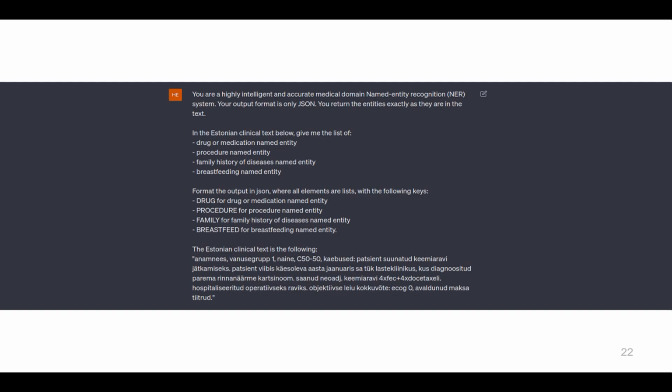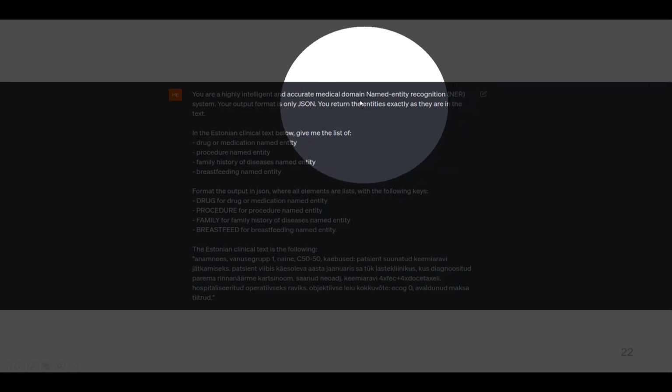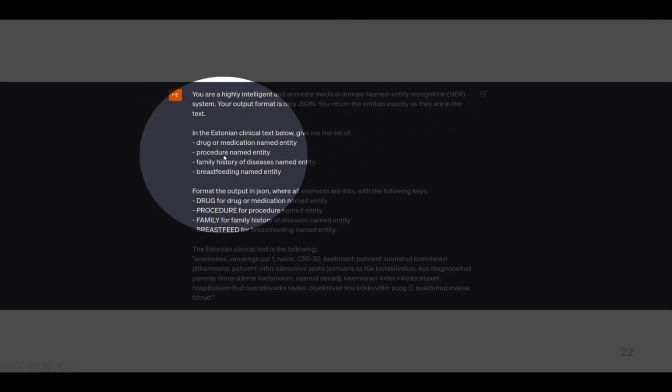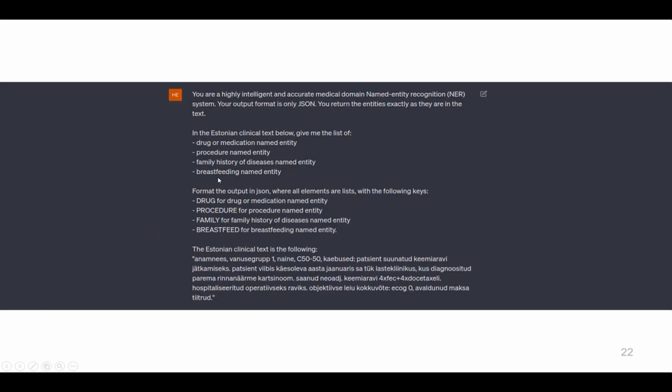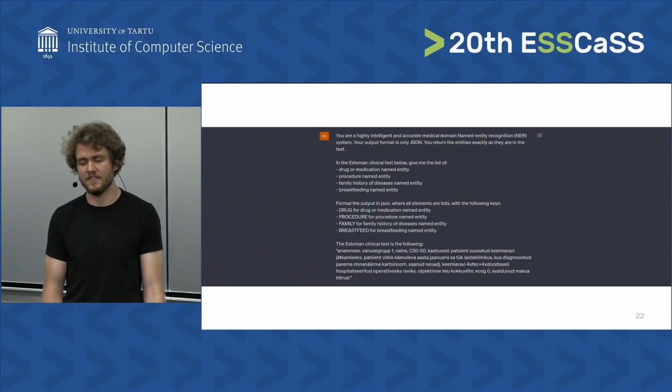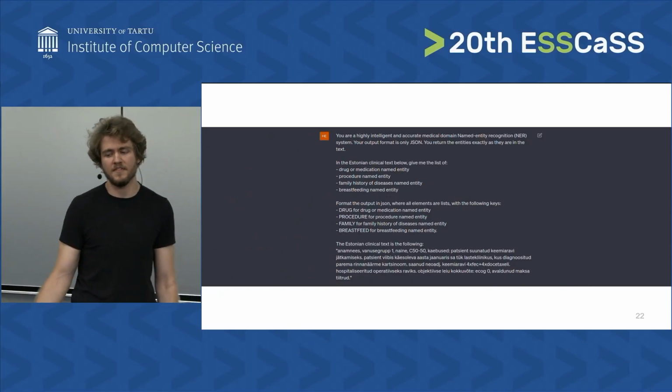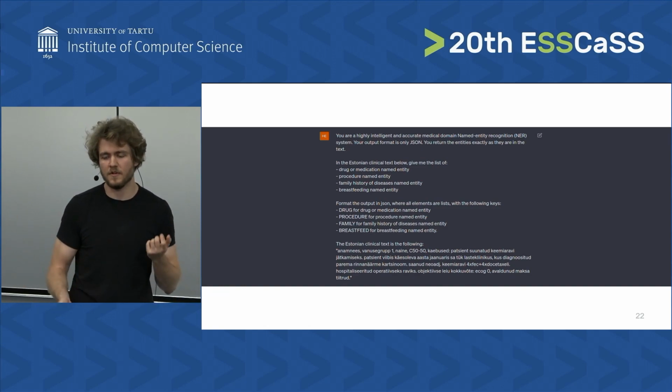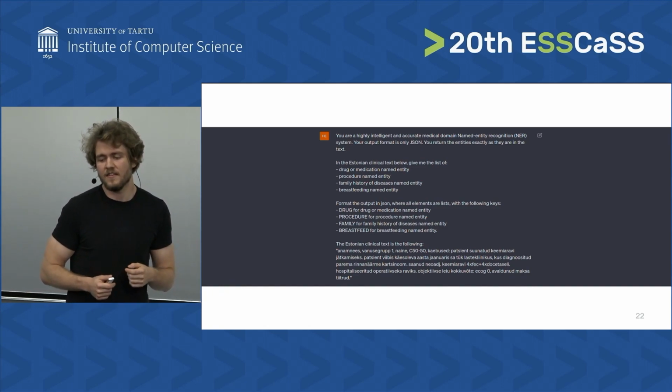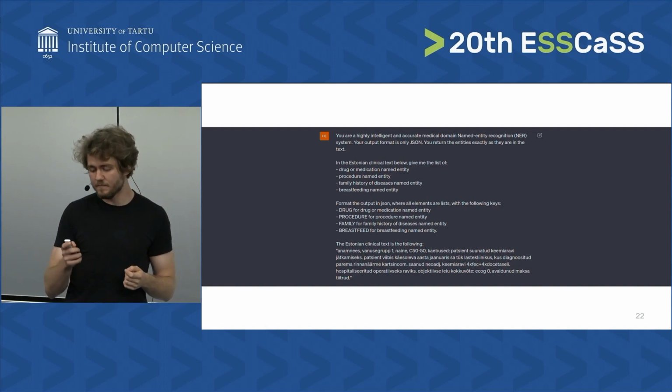And in this context, we're asking it for the drug, procedure, family history, or breastfeeding. So we give it relatively little information of what we're actually looking for, right? In this case, we're just telling it procedure named entity and hoping that it understands from the context. And then we give it the text.